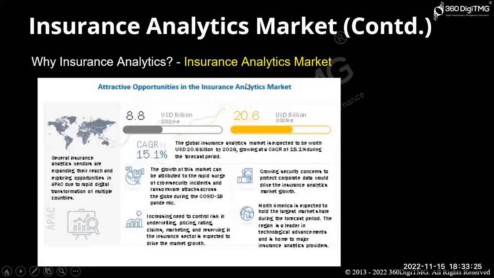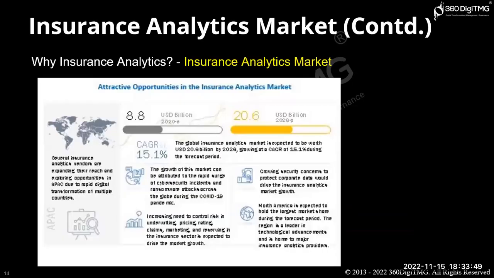So why insurance? Because of this data: 2020 has about 8.8 and in 2026 it will become 20.6 billion. Just a massive improvement is going to come in banking and insurance analytics scope, or you can say machine learning.